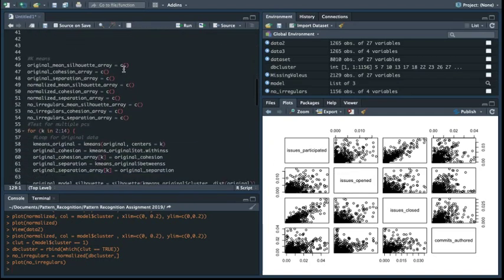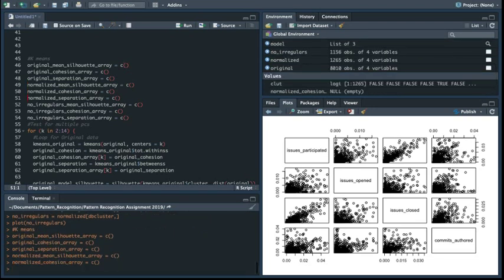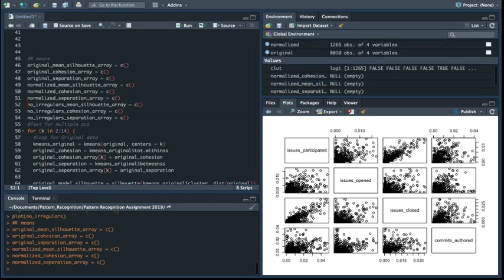So yes, first of all, we have to initialize all the arrays that we are going to use. As you can see, there are mean silhouette arrays, cohesion, separation, and we are going to find all these metrics for all our three main datasets: the original one, the normalized one, and the no irregulars one.